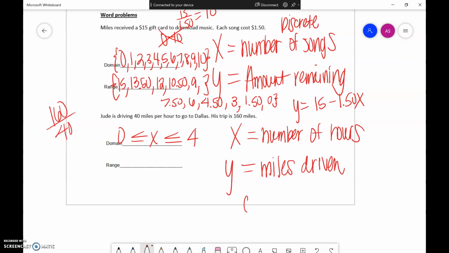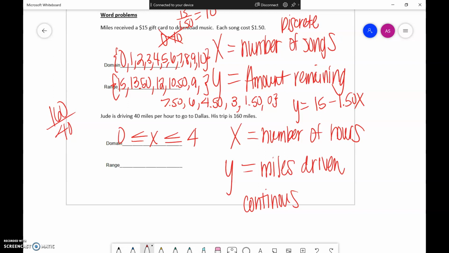Okay. This is continuous, because if I'm talking about time, time continues. I can say, okay, at 30 minutes he was here, at half an hour he was here, and so on and so forth. Okay, so this will be continuous.